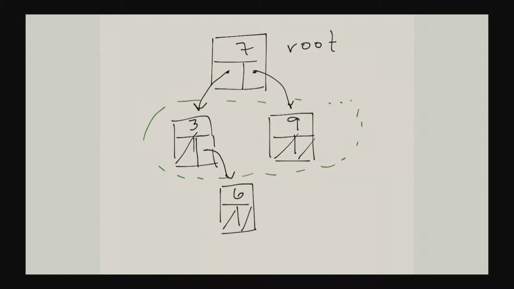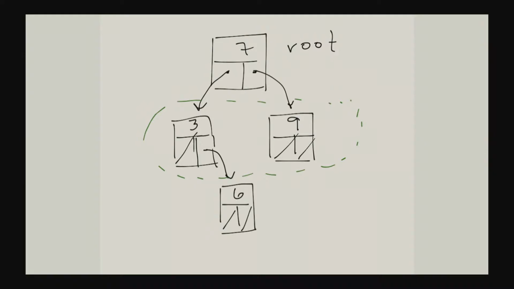So we say that a binary tree is ordered, according to the specification, if for each node in our tree, all of its descendants on the left, so the left child and all of the left child's descendants, have lesser values, and all of the nodes on the right, or the right child and all of the right child's descendants, have nodes greater than the value of the current node that we're looking at. And just for simplicity, we're going to assume that there aren't any duplicate nodes in our tree. So for example, in this tree, we're not going to deal with the case where we have the value 7 at the root and then we also have the value 7 elsewhere in the tree.